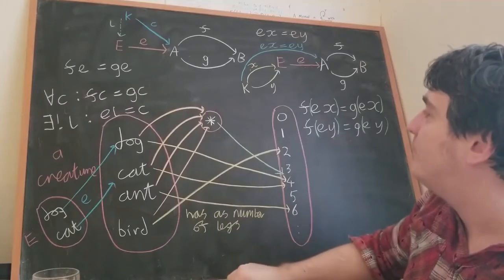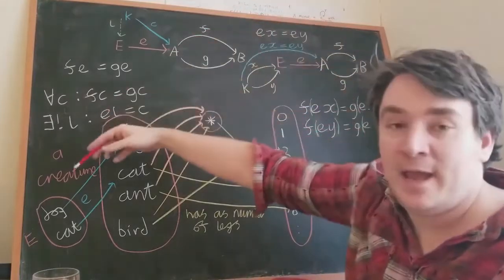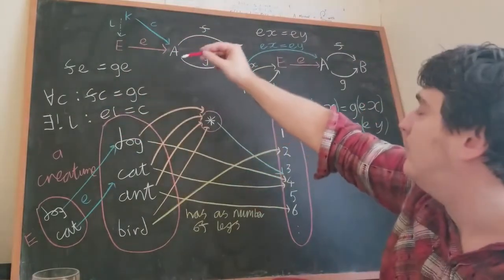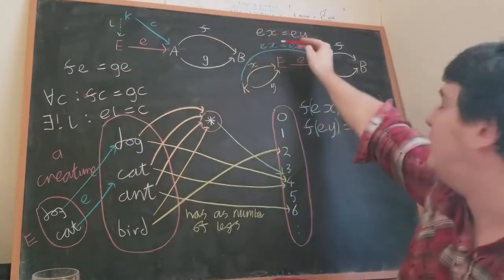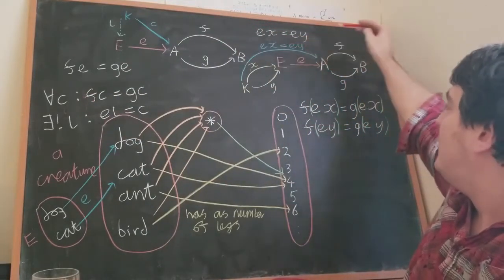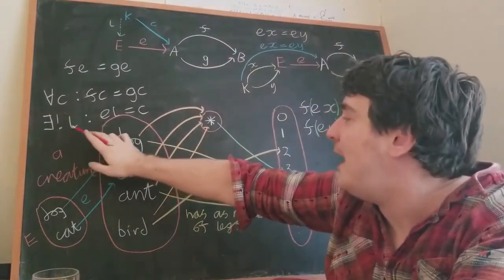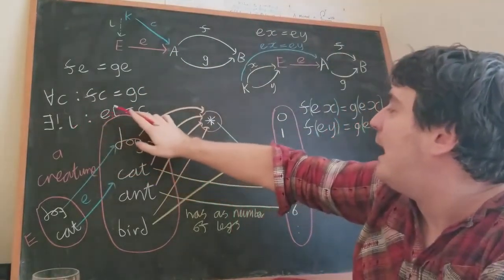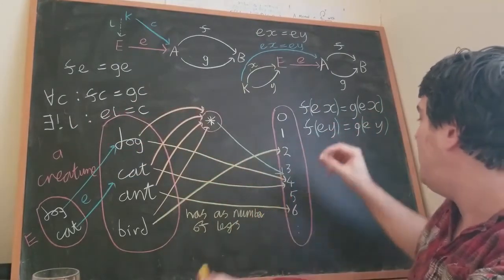But now, what does our definition of an equalizer tell us? Well, it says that for any arrow c, like this one, which is such that f after c equals g after c, there exists a unique l such that e after l equals c. Okay, so what do we know then?